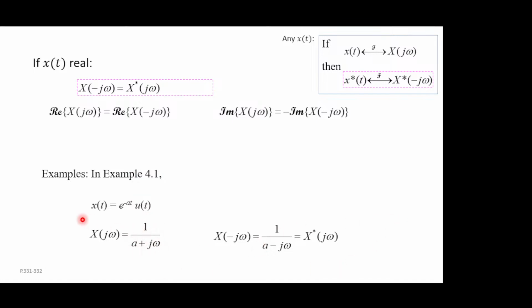But if we take the inverse on omega, it becomes 1 over a minus j omega, which is the complex conjugation of X of j omega. So this checks out for this example of x being real.